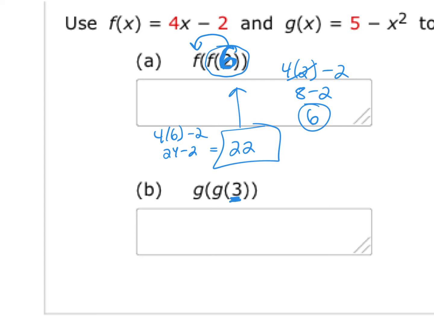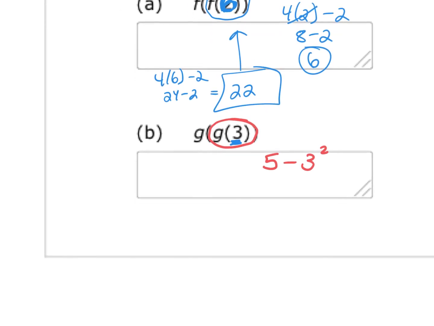Does that make sense? If I look at the next one, what is the first thing I need to do? Plug 3 into what function? The g. So 5 minus 3 squared. What do I do first? The 3 squared. So I have 5 minus 9 equals what? Negative 4. So I just figured out that g of 3 is negative 4.